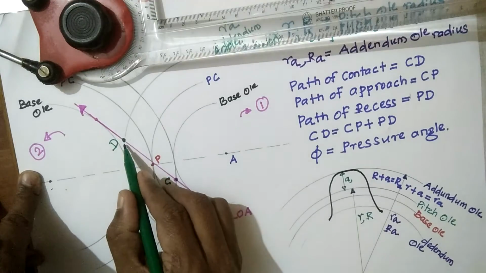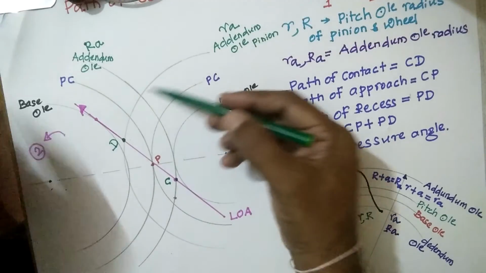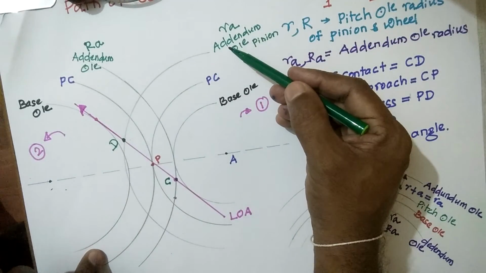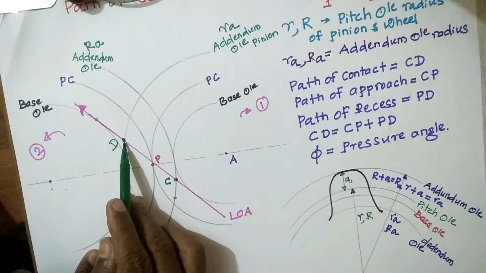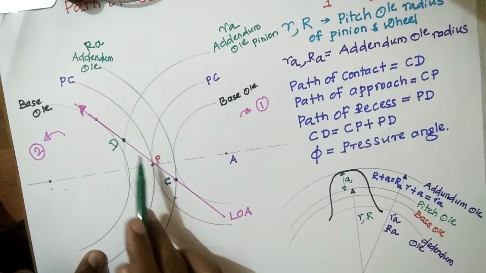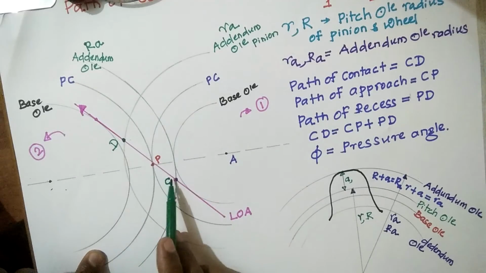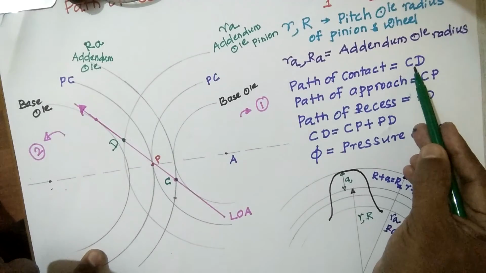Then how to call the point of disengagement? It is the point where the addendum of the pinion intersects with the line of action. That is point D. It is called the point of disengagement. Then the total distance CD, C P D. That distance CD is called, here also I have written, the path of contact.